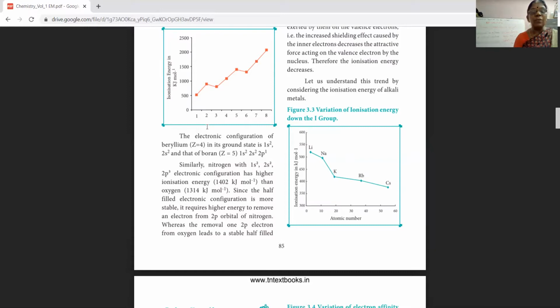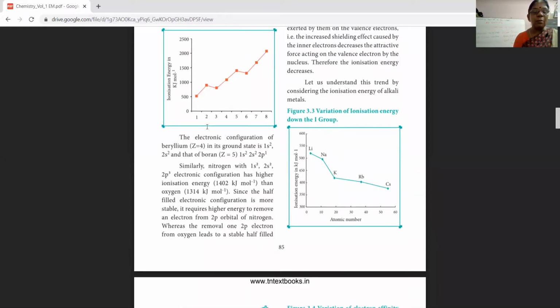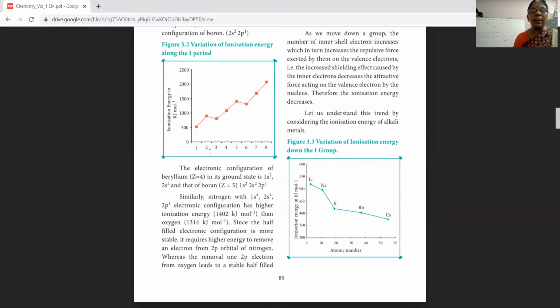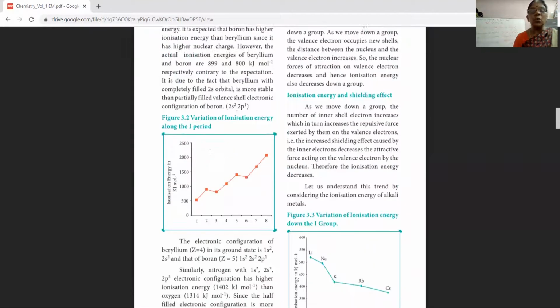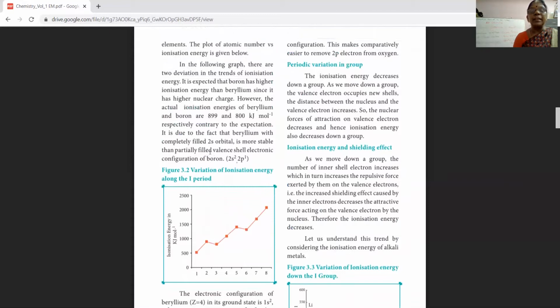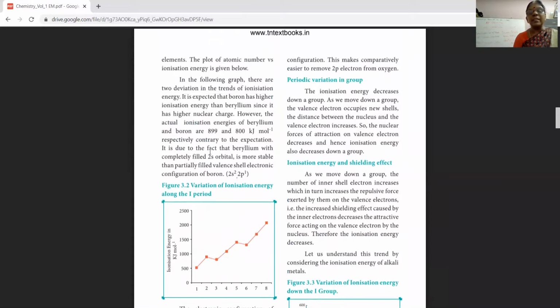Since the half-filled electronic configuration is more stable, it requires higher energy to remove an electron from the 2p orbital of nitrogen, whereas the removal of one 2p electron from oxygen leads to a stable half-filled configuration. So, nitrogen needs more energy compared to oxygen. This makes it comparatively easier to remove a 2p electron from oxygen.